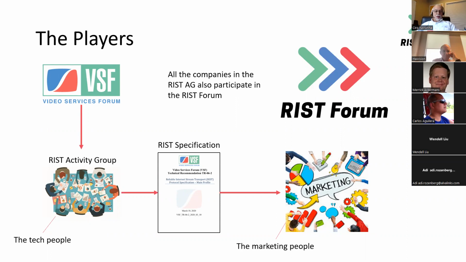That group is chaired by Rick Ackerman, who is also here in the webinar. That group produces the RIST specifications, which go to the Video Services Forum board for approval. And there's the RIST Forum, which is the marketing and education organization that helps to bring the message out there. I'm a member of the RIST-AG, and I'm the president of the RIST Forum.